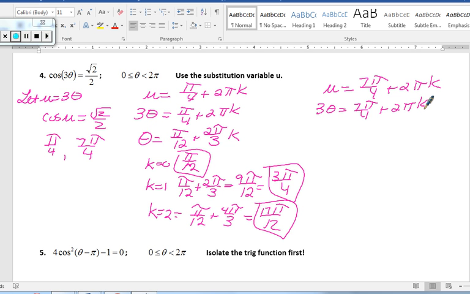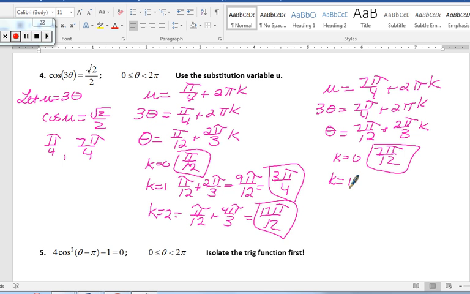Dividing through by 3, I know theta is equal to 7 pi over 12 plus 2 pi over 3 k. Again, we start by letting k equal 0, then 1, then 2, and we stop once we go past a full rotation. When k is equal to 0, we get a solution of 7 pi over 12. When k is equal to 1, we add 2 pi over 3.